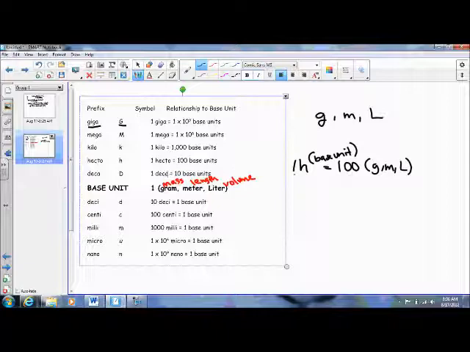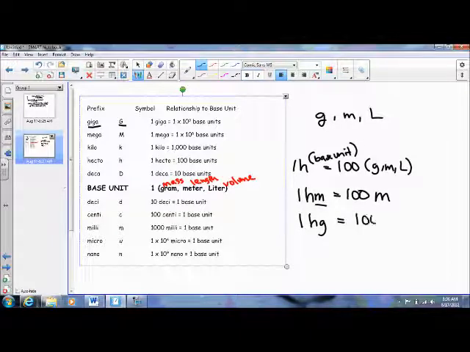So I would interpret this as 1 hectometer would be 100, and the base unit here is M, so 100 M. Now if the problem's talking about hectograms, then it would be 1 hectogram is equivalent to 100 grams. Okay, so that's how we interpret this information and turn it into a piece of information that will be useful for a metric conversion problem.